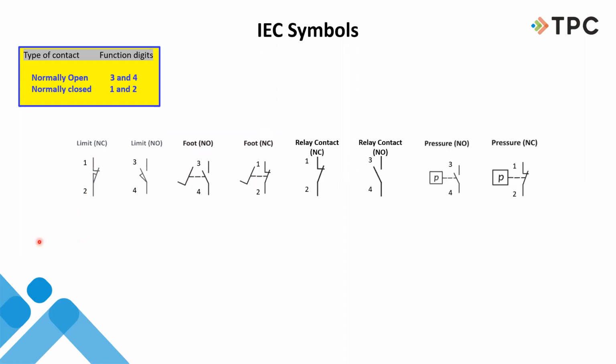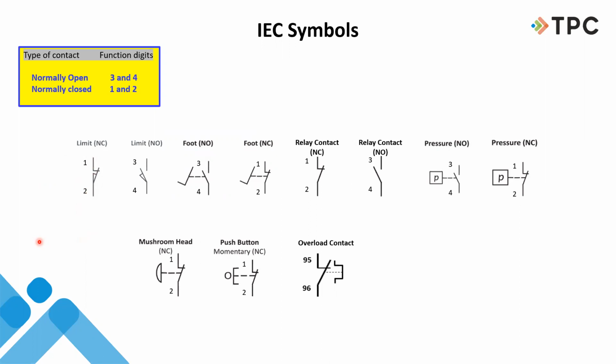It might go to another switch or button or whatever, but you always know where the source is with European drawings. So we've got our relay contacts here, pressure switches, of course our mushroom head buttons and momentary buttons. Our overload contact, we looked at that in that one print, okay?